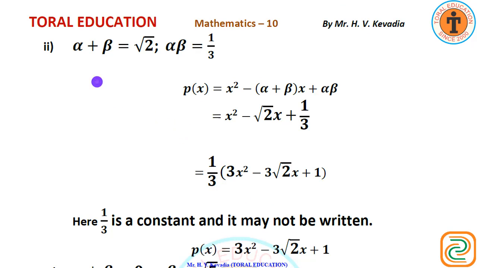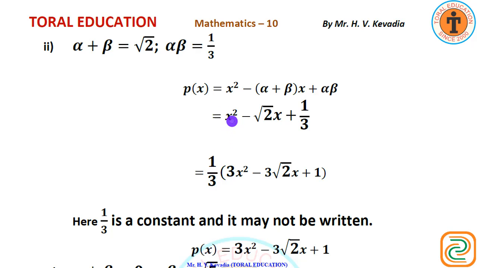Question number 2. Alpha plus beta equals to root 2 and alpha into beta equals to 1 upon 3. Take this formula again. X square minus alpha plus beta into x plus alpha into beta. So x square, here alpha plus beta equals to root 2 and alpha into beta equals to 1 upon 3. Same thing as in the first polynomial, 1 upon 3 as constant common.